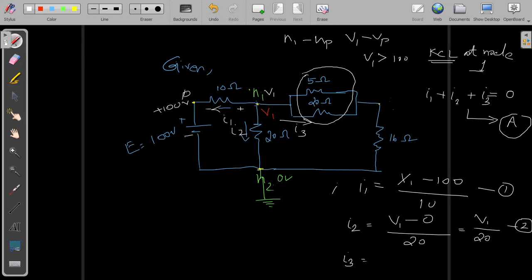By applying the R1 R2 divided by R1 plus R2 formula, I get 5 into 20 divided by 25, which is 4 ohm effective resistance. So here we get 4 ohm plus 16 ohm, so 20 ohm will be the effective resistance. Now I will redraw this circuit like this.